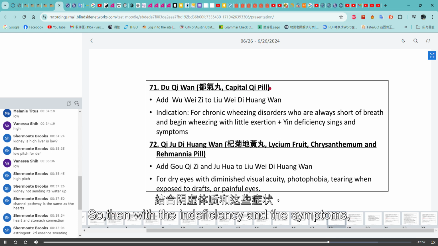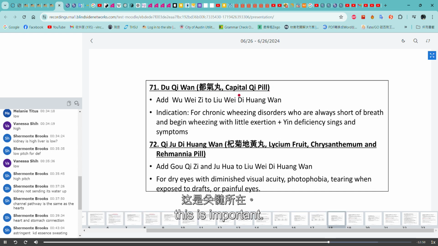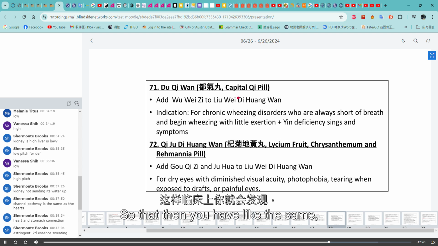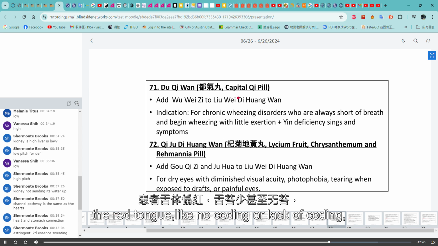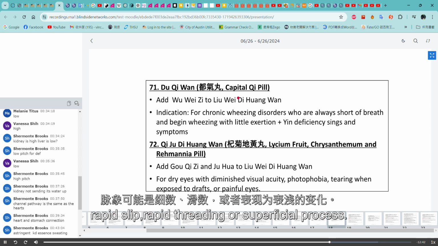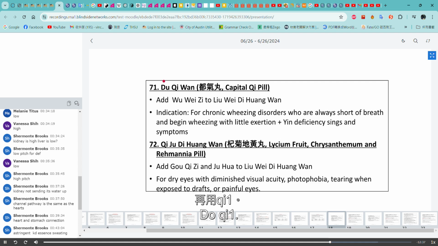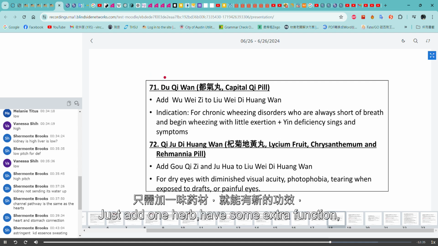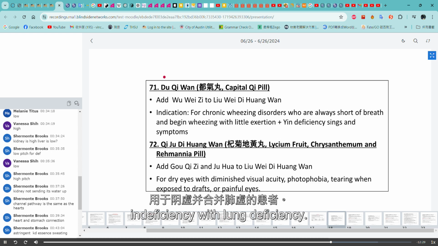With the yin insufficiency signs and symptoms, this is important. So you have the same red tongue with no coating or lack of coating, rapid thready or superficial pulse. Those two, qi and yin: just add one herb, which has some extra function, for yin deficiency with lung deficiency.